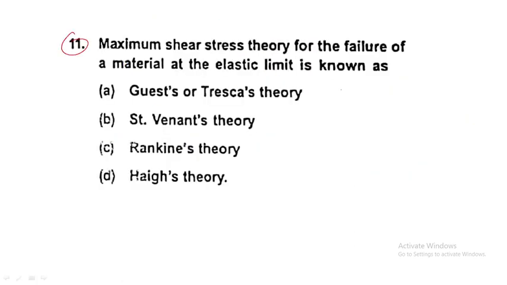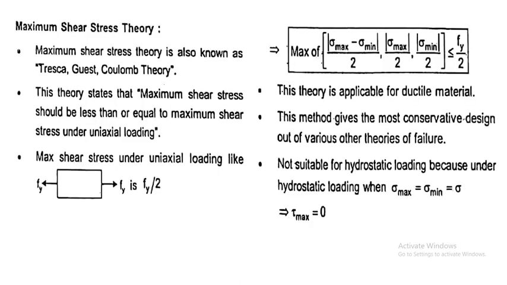Maximum shear stress theory for the failure of a material at the elastic limit is known as? So what is the maximum shear stress theory? Can you explain to me? The maximum shear stress theory is also known as Tresca, Guest and Coulomb theory.